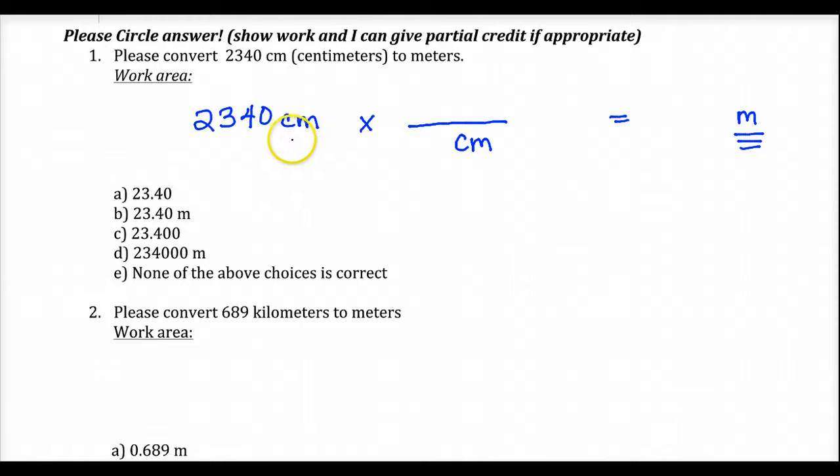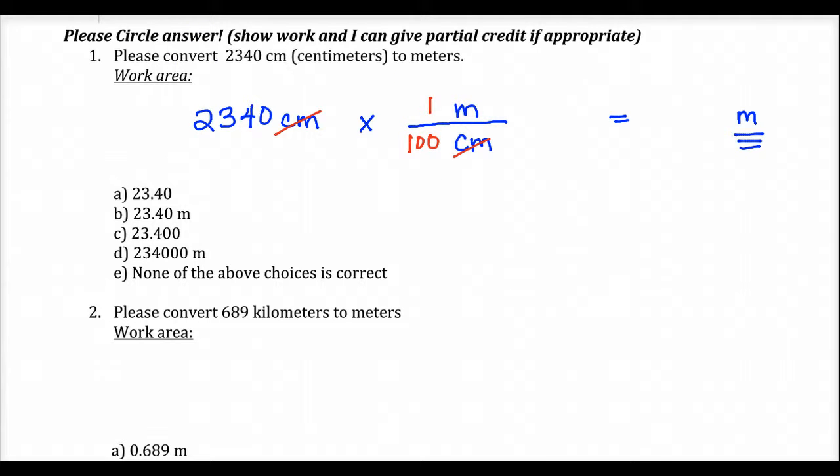It's the unit that I have, I'm going to get rid of it. So meter goes on top. So I'm going to cancel out my centimeters. And what's the difference? Well, I know for every 1 meter, there's 100 centimeters. They differ by 100. And how do I know to put that there? How do I know the 100 doesn't go with the meter?